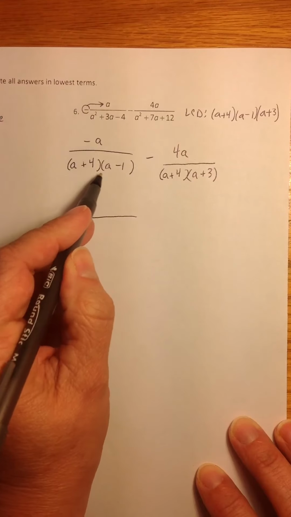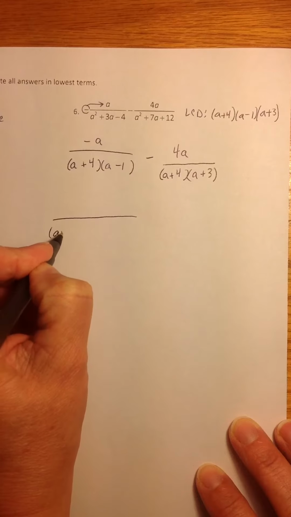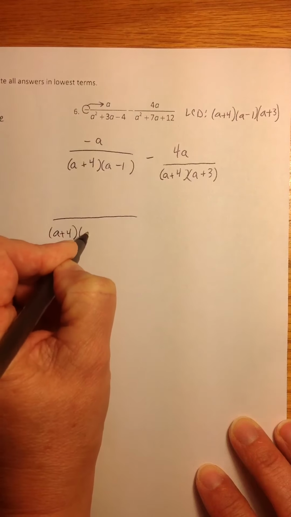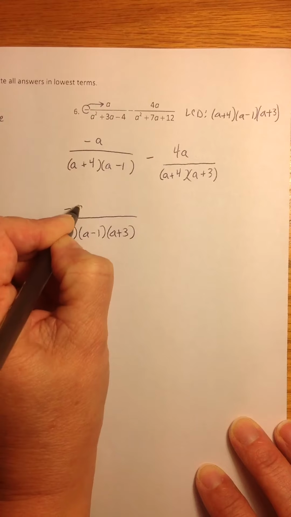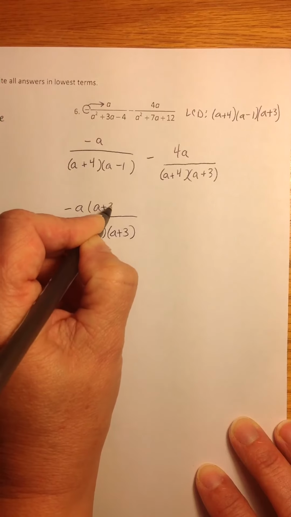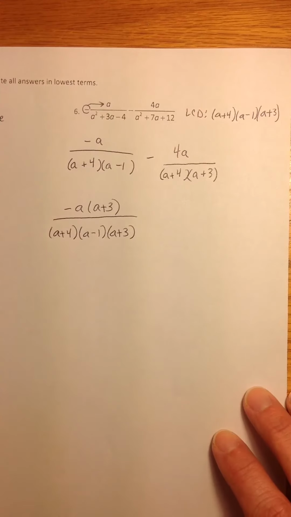So here, I'm missing an a plus 3. So I need a plus 4, a minus 1, a plus 3. Whatever I put in the bottom, I must also put in the top. So I'm going to multiply negative a by a plus 3.